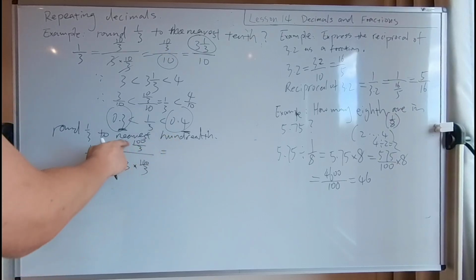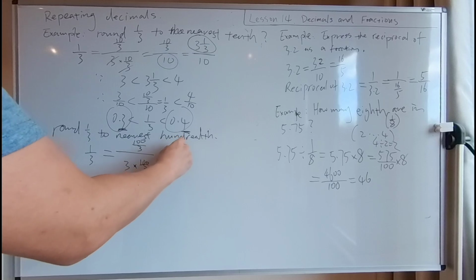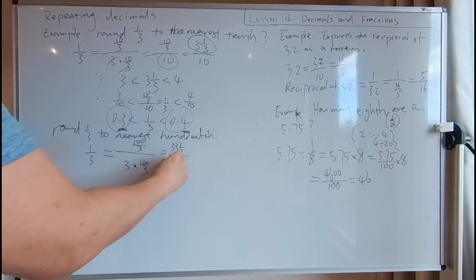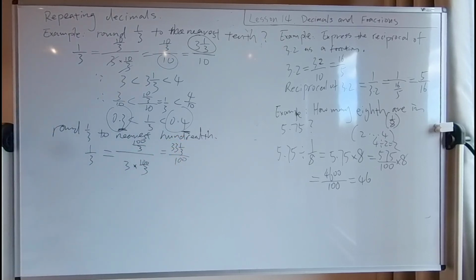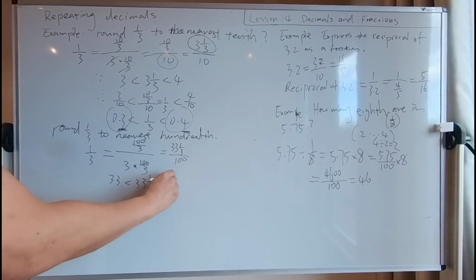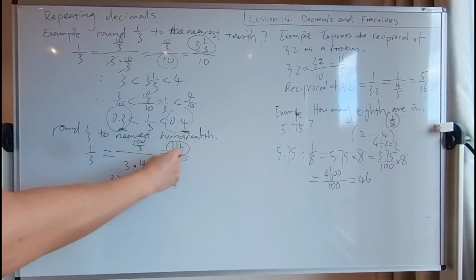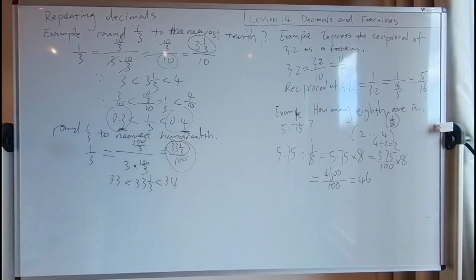So eventually 100 divided by 3 is 33 and 1/3 over 100. And very similar to the previous example, 33 and 1/3 is a number between 33 and 34. So this is just the number on the top, altogether divided by another 100.